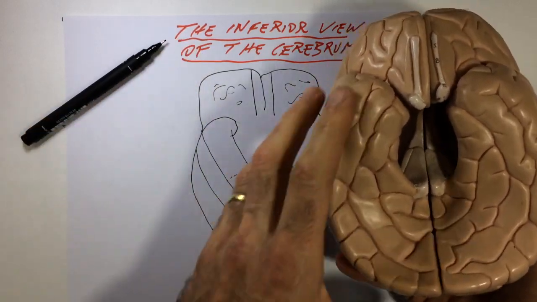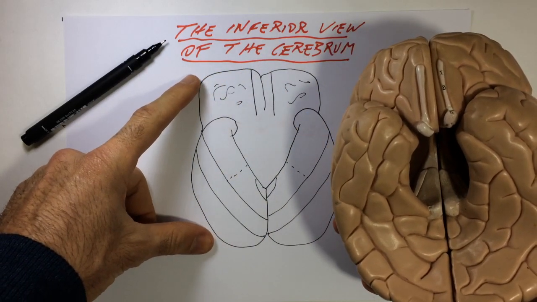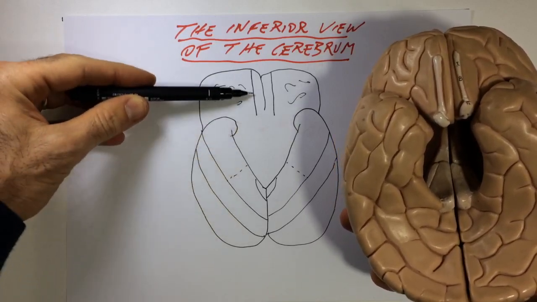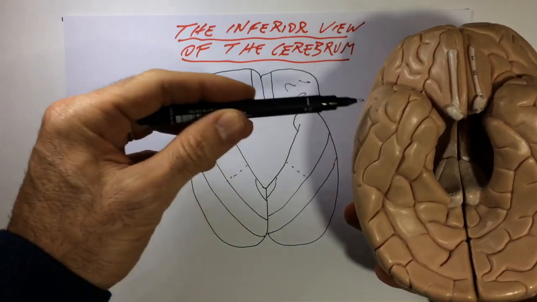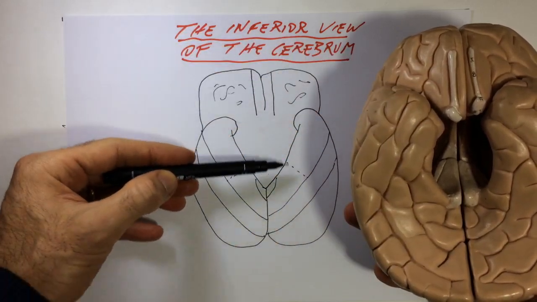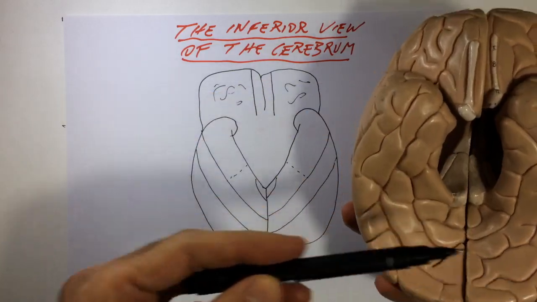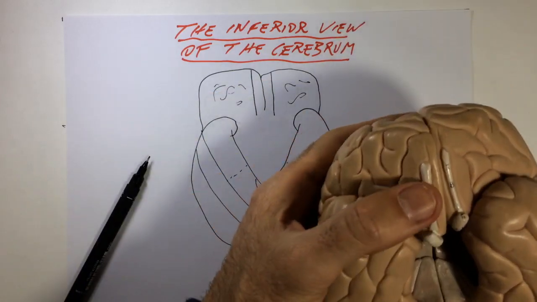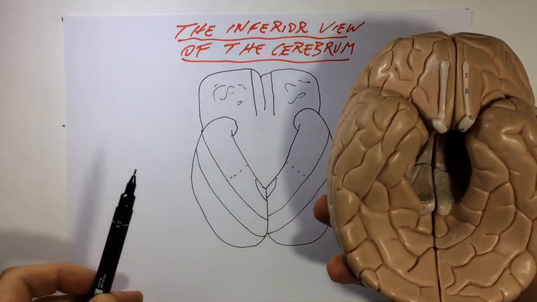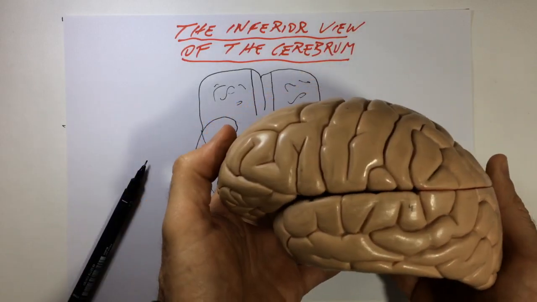So if we compare the model with the drawing that I just made here, we're gonna see that we can analyze one hemisphere here. That would be this hemisphere. The other hemisphere is here, and we also can see three lobes out of the four lobes that we can usually see in the lateral view.